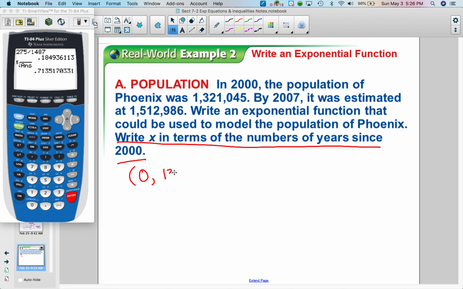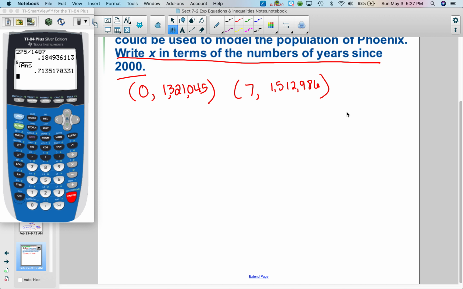And we have 1,321,045. So that's our first ordered pair. And then 2007 is 7 years later. So 7 years later, it was 1,512,986. So now it's exactly the same problem that we just did.